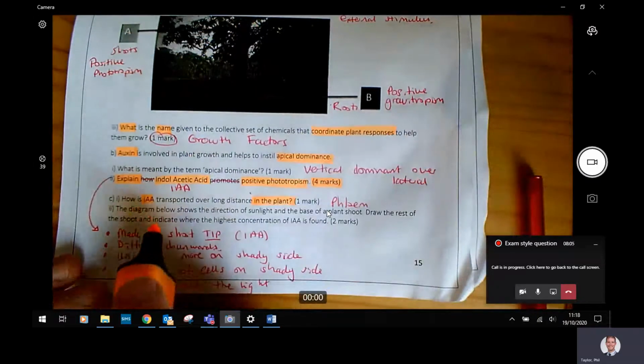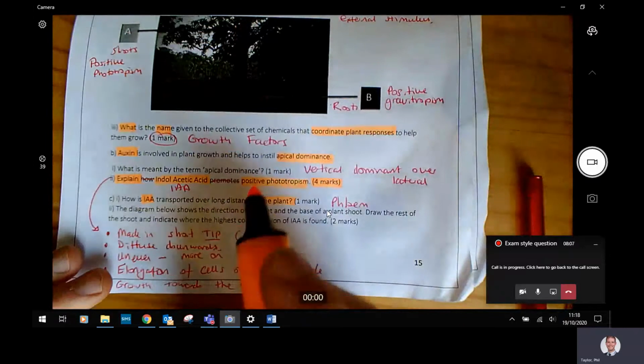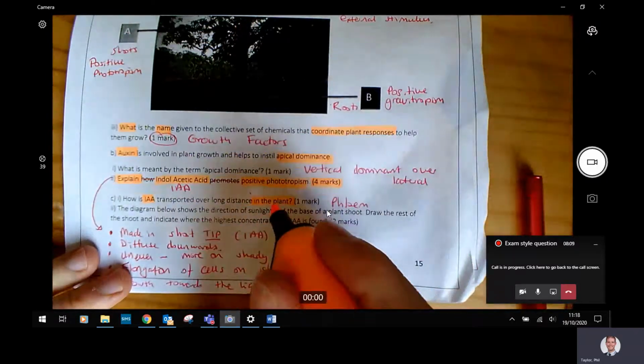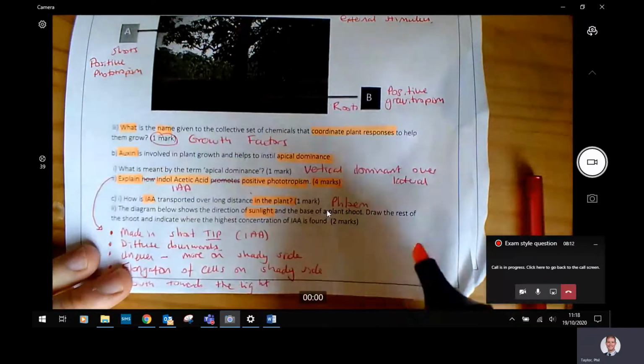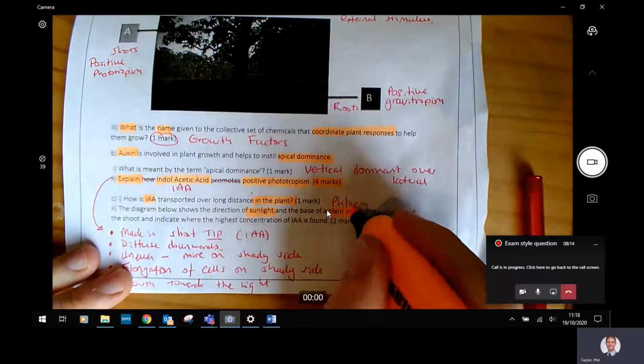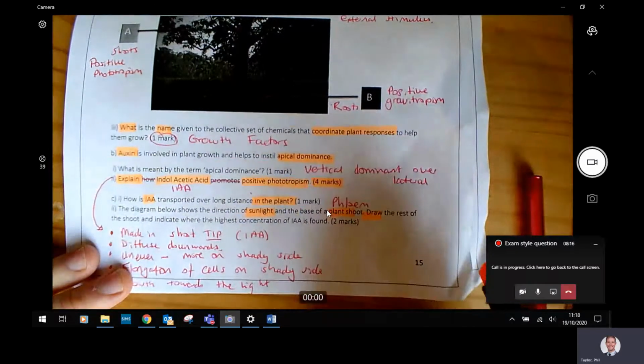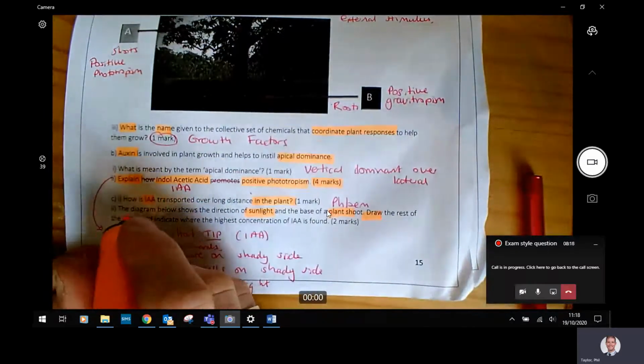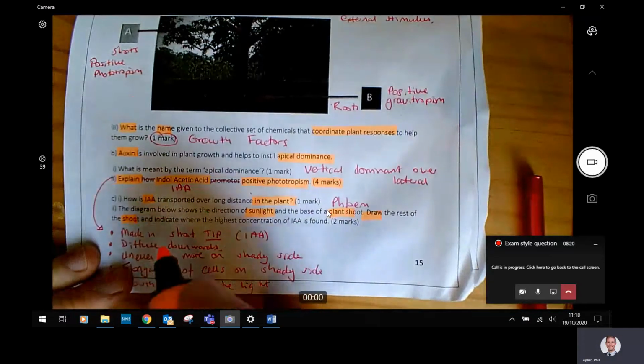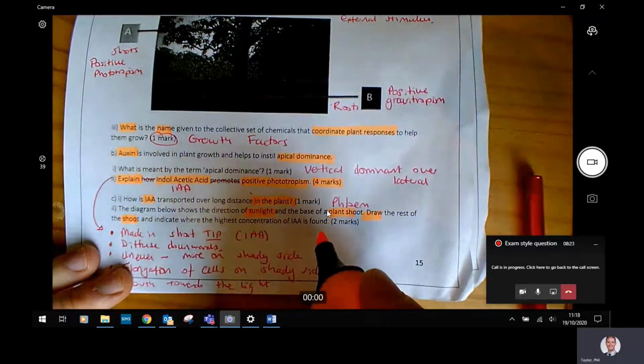The diagram below shows the direction of sunlight. If you can't see it on the piece of paper, it's obviously on the other side. So sunlight's important, and the base of the plant shoot. Draw the rest of the shoot and indicate where the highest concentration of IAA is found.